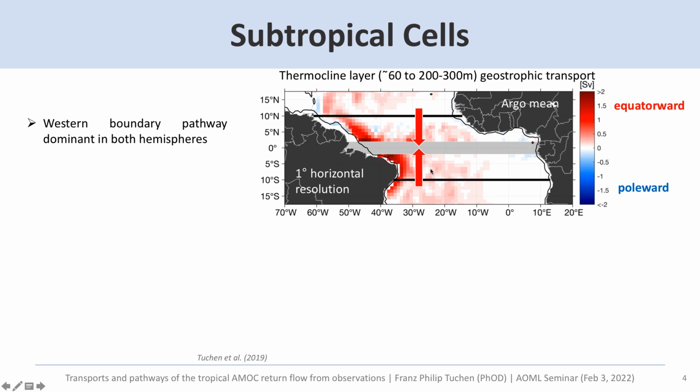So in the southern hemisphere, you can see this connection all the way from the subtropics to the equatorial regions, which is not present in the northern hemisphere. This is also a well-known feature of the northern hemisphere, where a potential vorticity barrier in the eastern part of the northern equatorial Atlantic prevents the subducted water masses from finding an interior pathway.